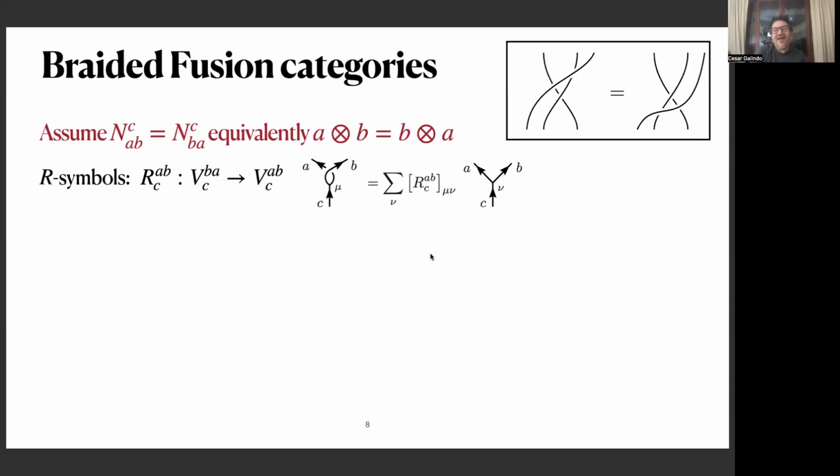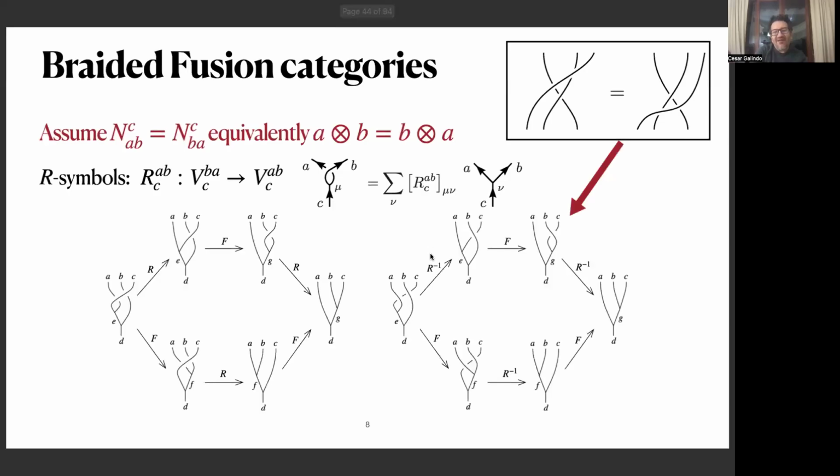And there is an additional condition that comes from this idea of braiding, again written diagrammatically in this way, and they correspond exactly to the hexagon axioms of braided tensor categories, just written in this language. It translates to a concrete equation that I want to write.